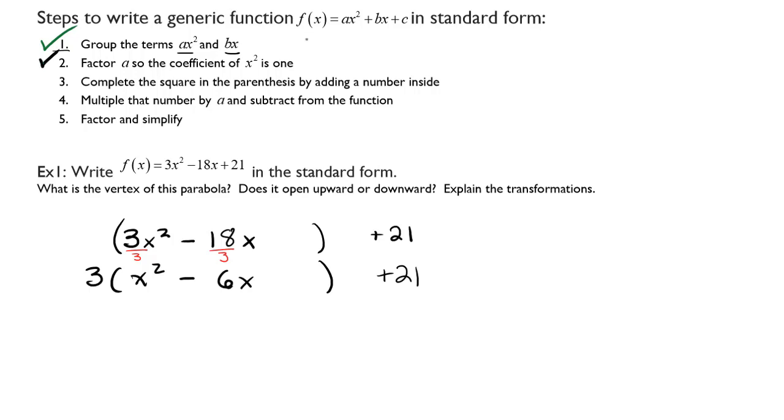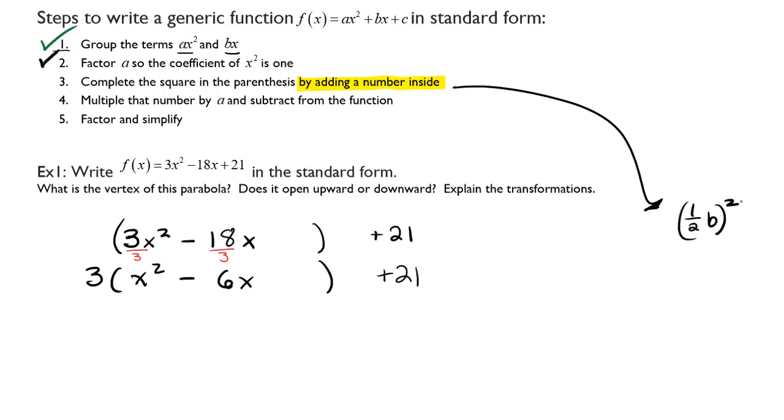Our next step will be to complete the square in the parentheses by adding a number inside. So we are going to add the number by using a specific formula. The formula we use is 1/2 b quantity squared.